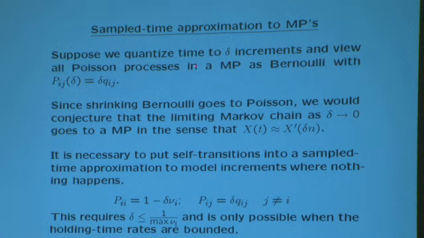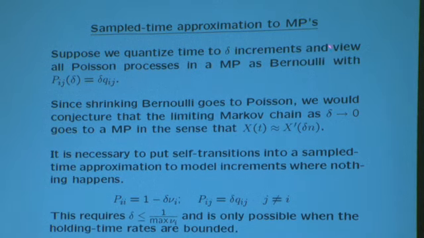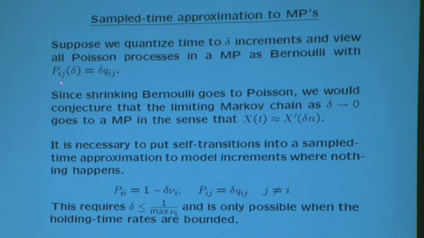We can view all of these Poisson processes as Bernoulli processes with probability of a transition from i to j in the increment delta given as delta times q_ij, to first order in delta. So we can take this Markov process and turn it into a rather strange kind of Bernoulli process. For the M/M/1 queue, all that's doing is turning it into a sample time M/M/1 process, and we can think the same way about general Markov processes. We'll see when we can and when we can't.